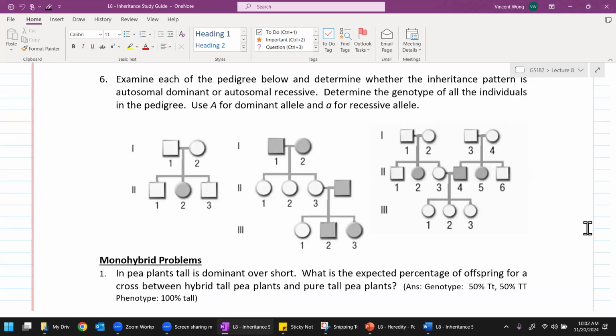Okay. Right here, there's another one. The first one, the digital record. Okay, that one.